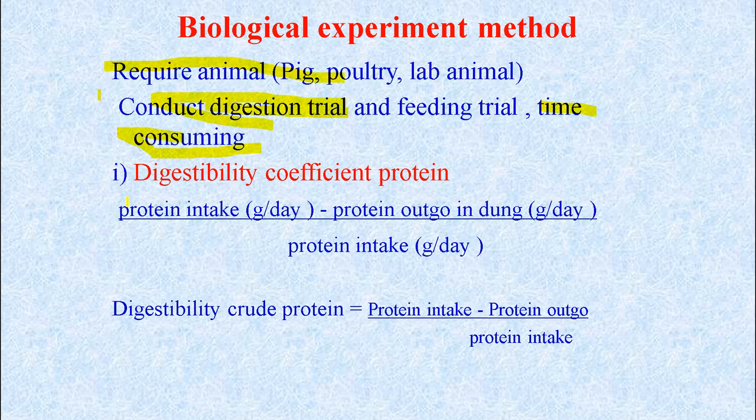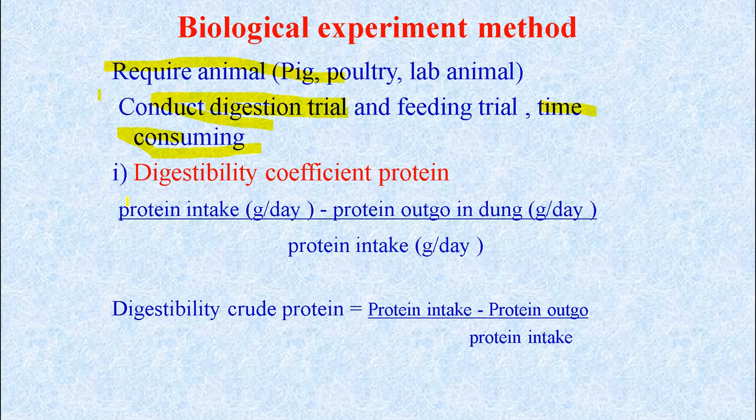Digestibility coefficient of the protein is calculated from the protein intake in grams per day, and the protein outgo in dung, also calculated in grams per day.